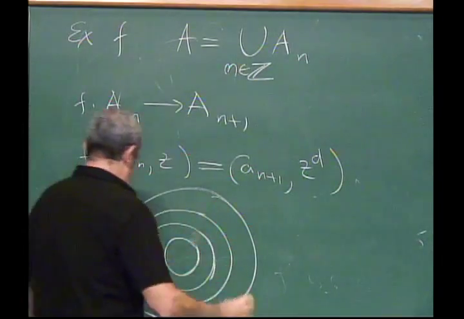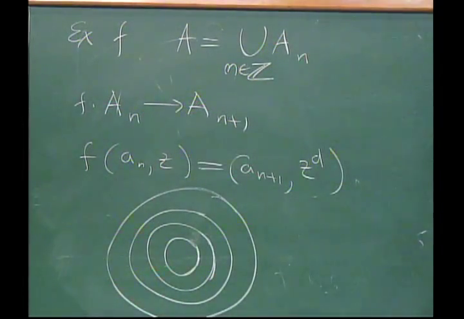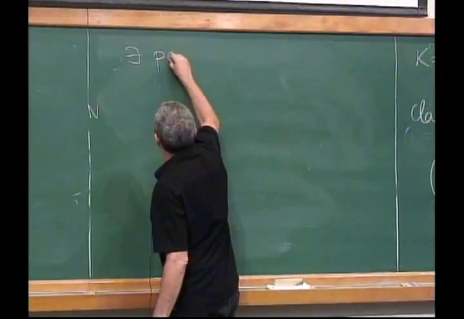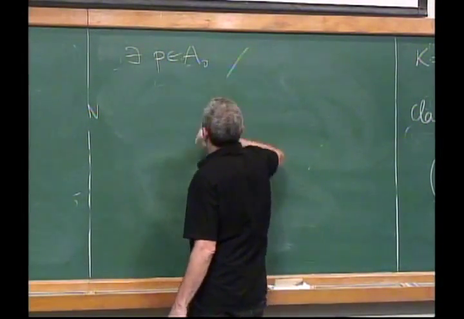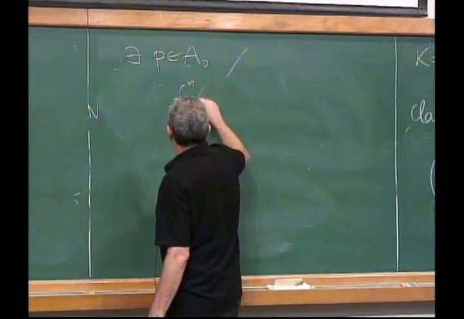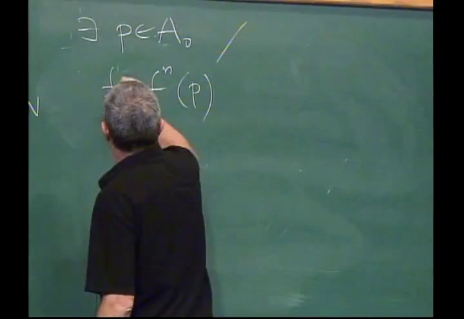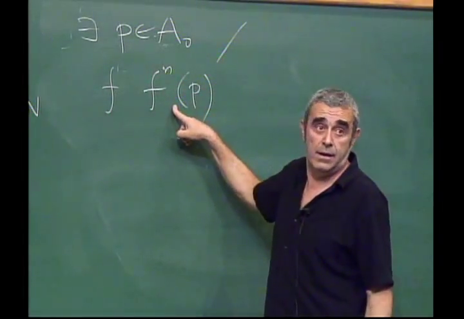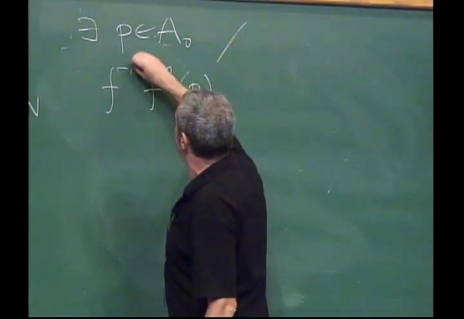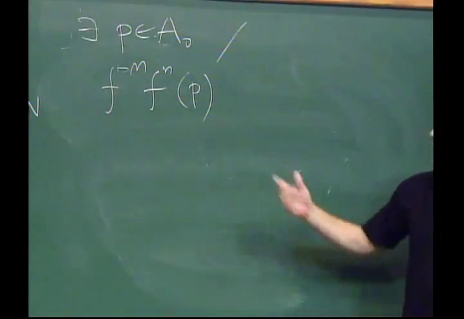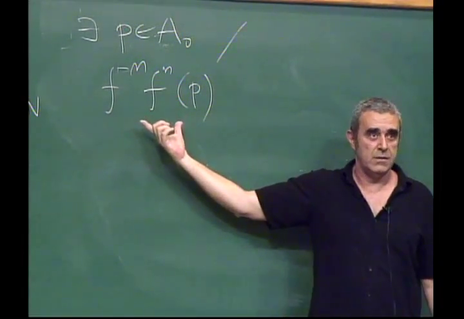I take a point P in A0. I will produce an example such that the following holds: there exists a point P in A0 such that the n-th iterate of P belongs to An, and if I take it back to A0, I will have D to the power of n points.